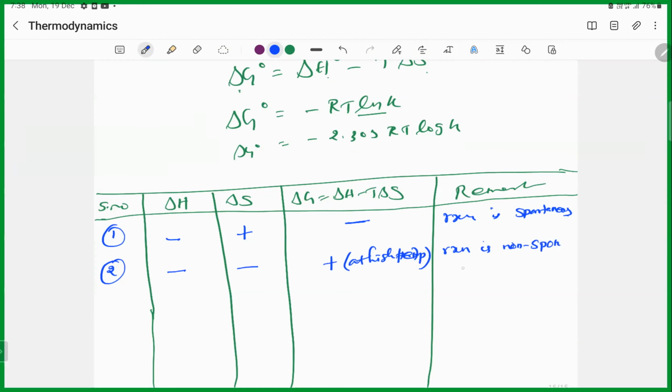Non-spontaneous at high temperature means that at low temperature it is possible. That means delta H negative, delta S also negative, the value becomes negative at low temperature. So the reaction is spontaneous at low temperature.